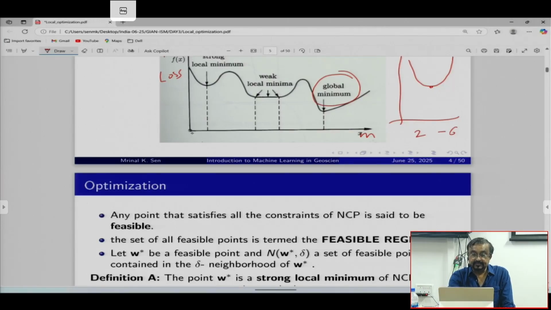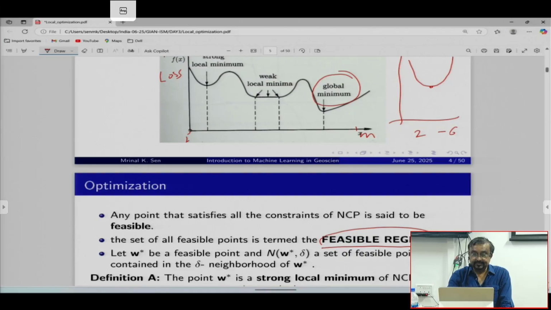Then this region, which is between 2 and 6, will be called a feasible region. You don't want to find a minimum which is outside of the feasible region. Of course, you can ask me, how do I know what is my feasible region, right? But that is something that comes from your expertise. If you don't choose your feasible region, you'll never find the minimum that you're looking for. Okay?